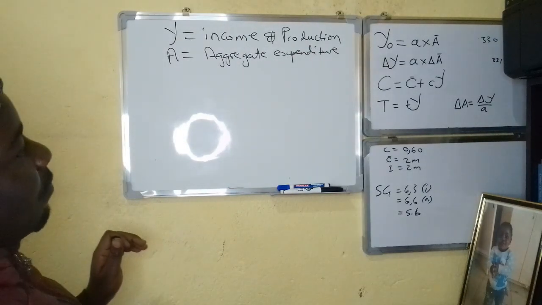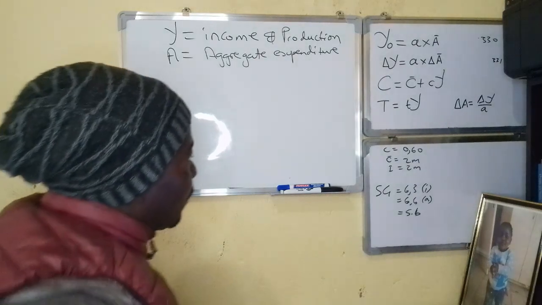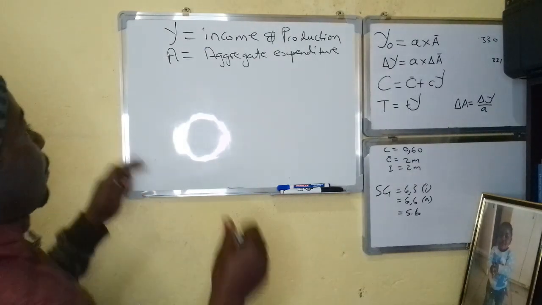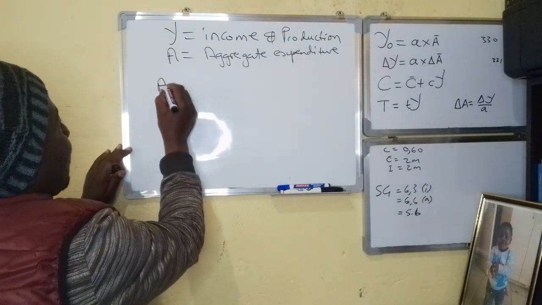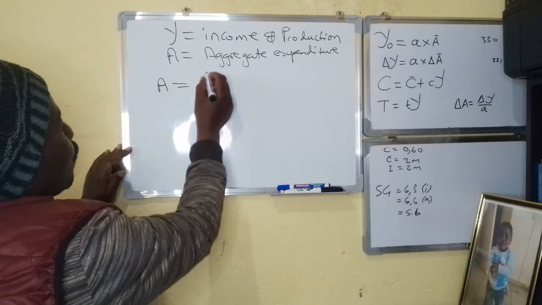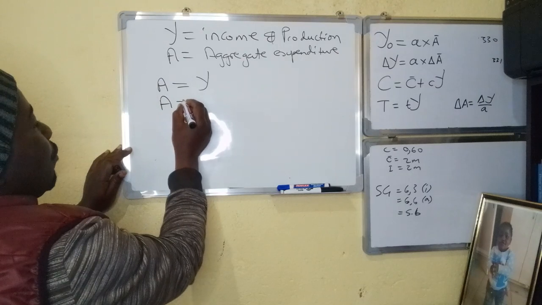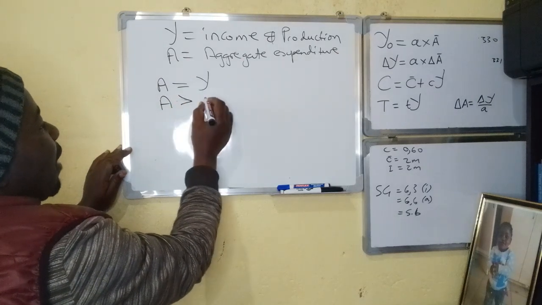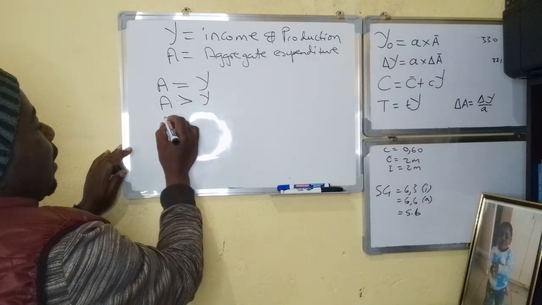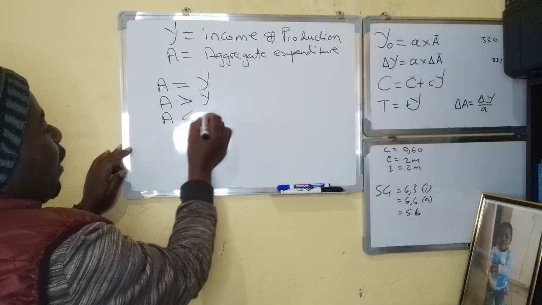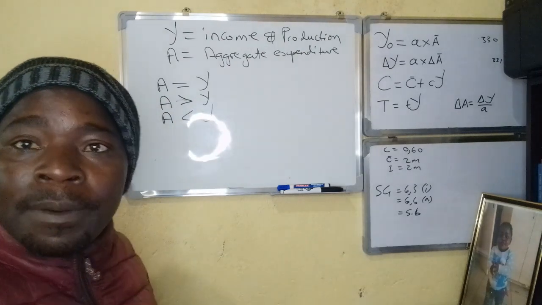And then what are the other terms? First, aggregate expenditure can be equal to production and income, can be higher than production and income, and can be lower than production and income.